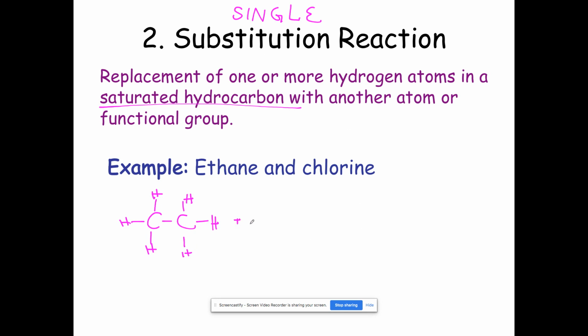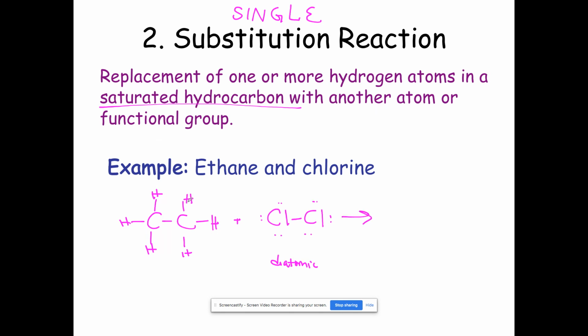And chlorine. What does chlorine look like? As I'm looking in my notes, I noticed that I did not put in valence electrons, and I absolutely should. Why is it Cl2? Diatomic. Okay, so I like to think of this like a game. This is the bench.